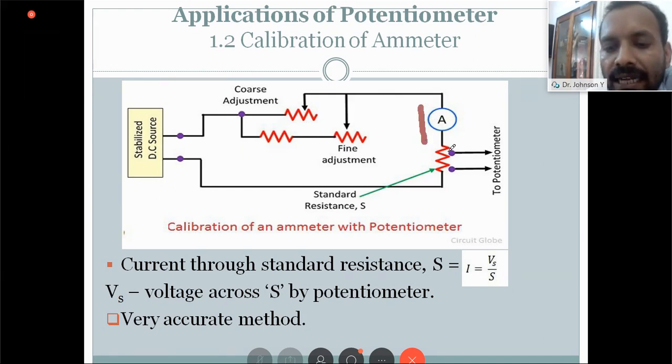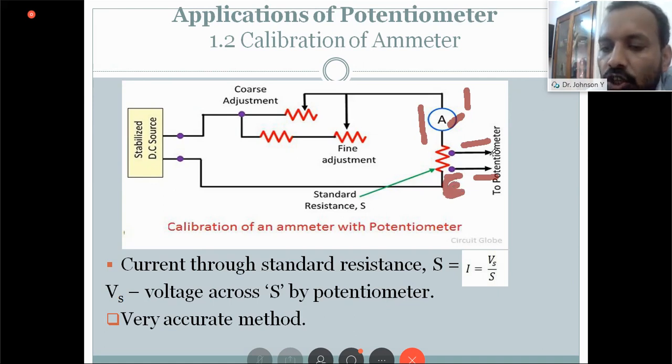There is a standard resistance here, connected to a potentiometer. We know the current value of this ammeter by direct reading, and that we have to calibrate. We know the value of this standard resistance in ohms.